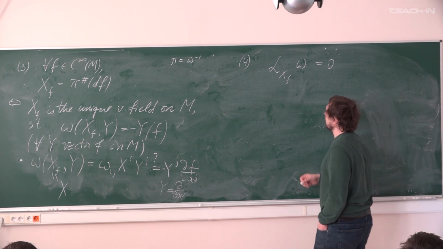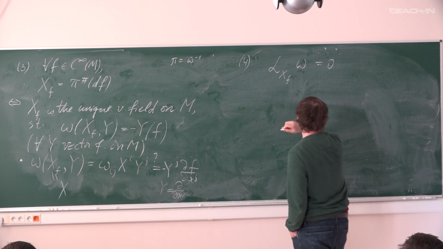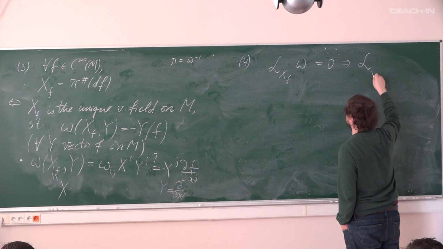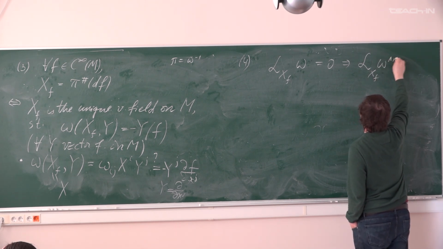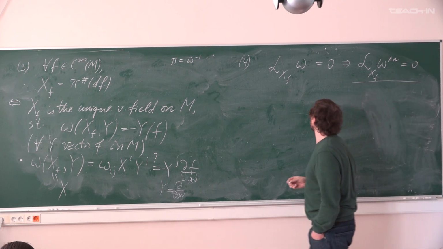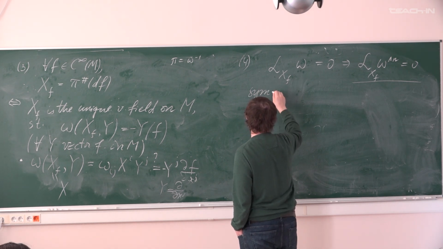So in fact, it means immediately that if you do the same trick with the symplectic volume form, you get 0 again. So symplectic volume is preserved by Hamilton flows.